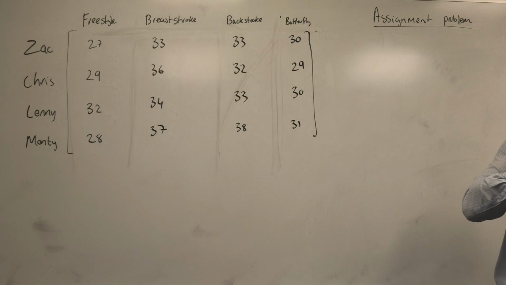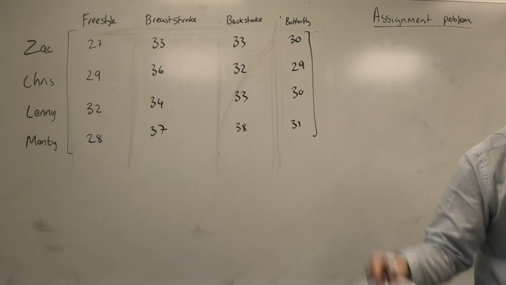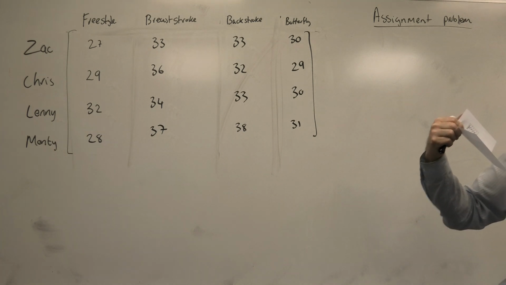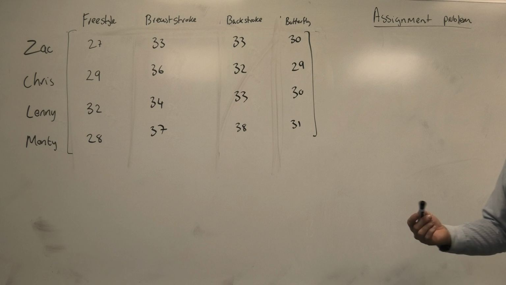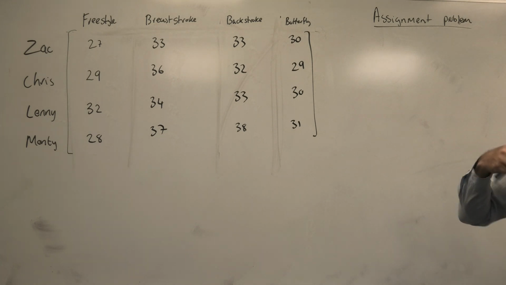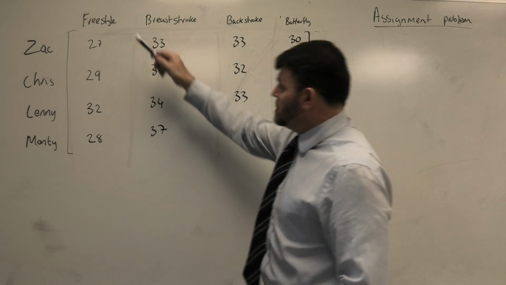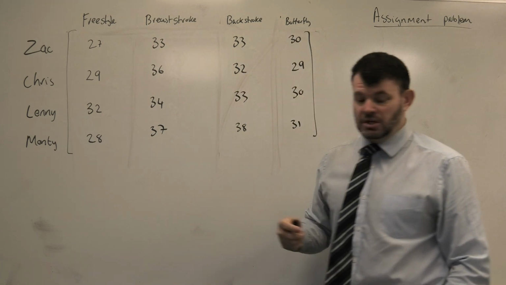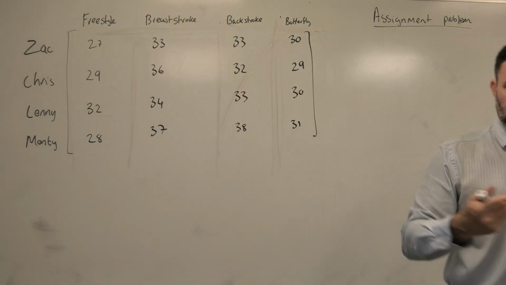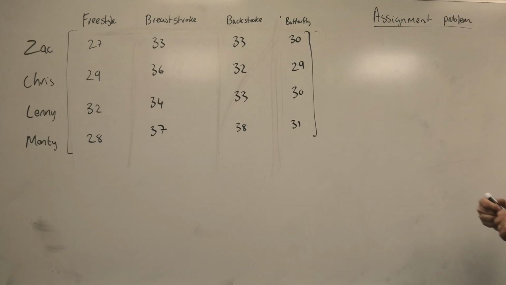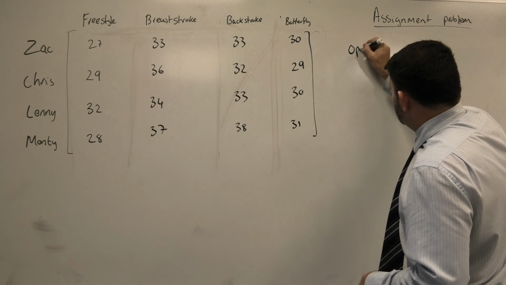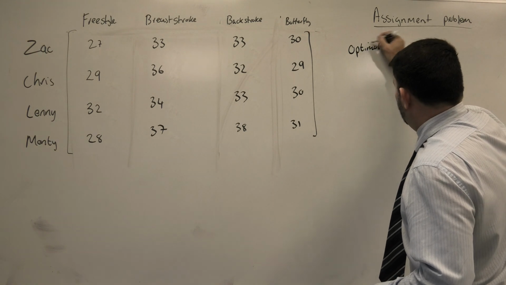According to the information on your sheet, the coach wants to put these 4 students into a medley, and they want to work out who's going to take which stroke to get the optimal performance. So what we're trying to find here is the optimal solution.